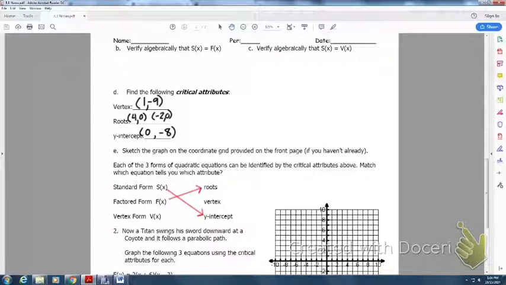Okay. Kevin, this is a toughie. The vertex form gives us what piece of information? Vertex. Attaboy. Proud of you. Okay. So again, just making sure that we are clear on what piece of information goes with what form.